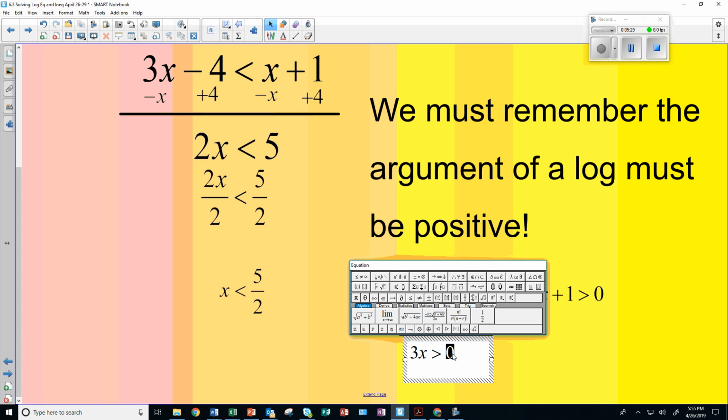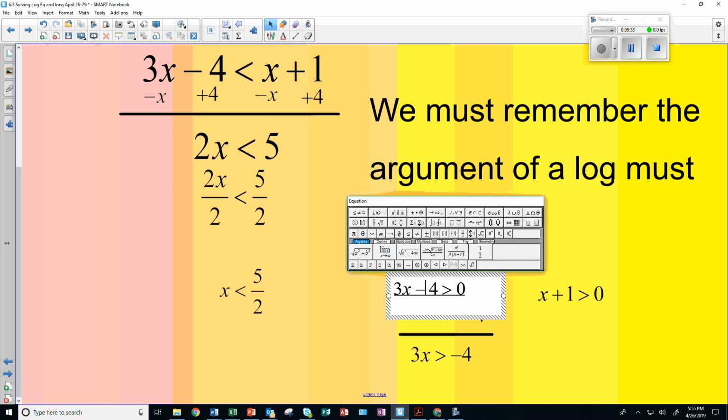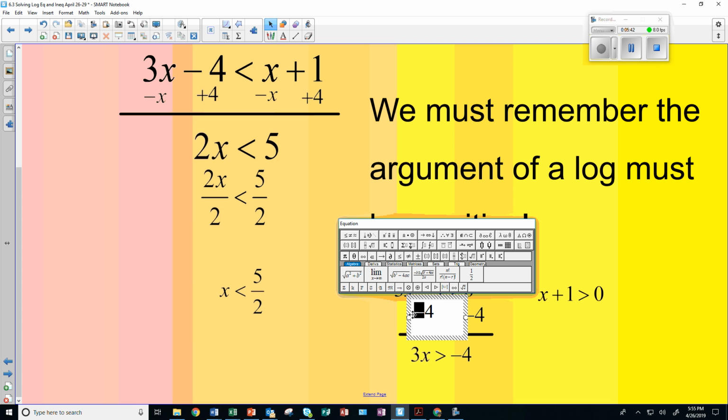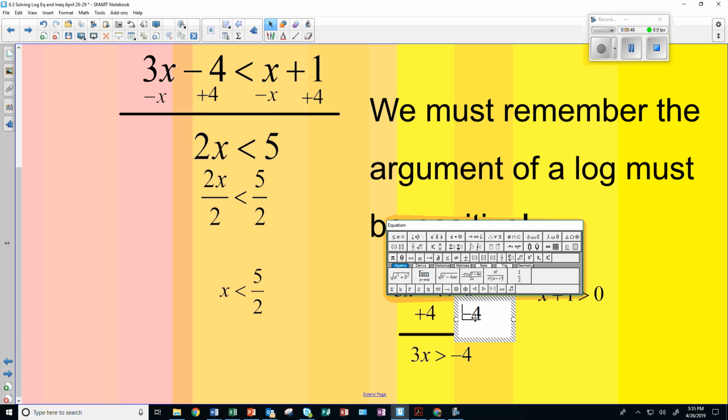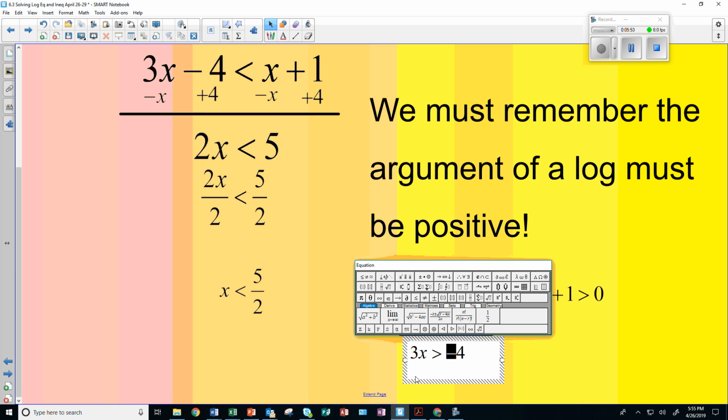And you see that error I made there? That should be minus, it should be plus. So that gives us this, and so we divide both sides by 3.